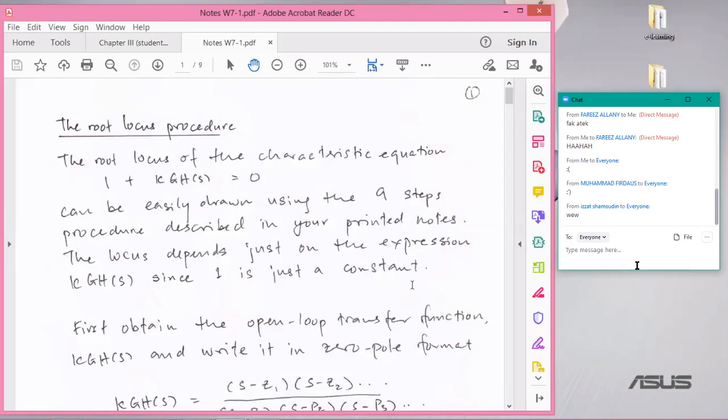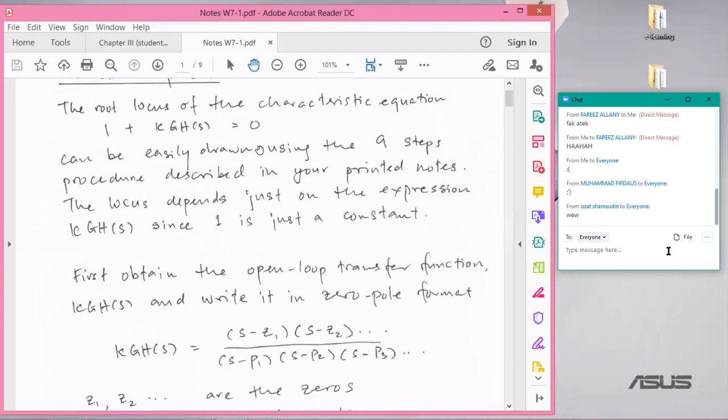We need to clear things up here, the terminology that we are going to use. 1 plus KGH is called the characteristic equation. KGH on its own is known as the open loop transfer function. So when we are drawing the root locus diagram, the root locus diagram that we are going to draw is the root locus diagram of the closed loop system.